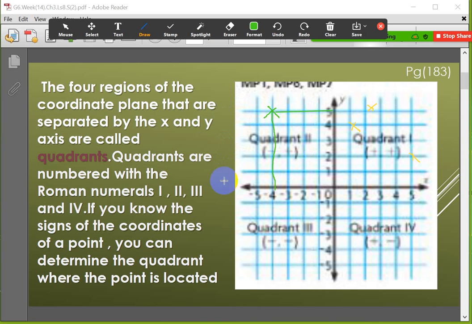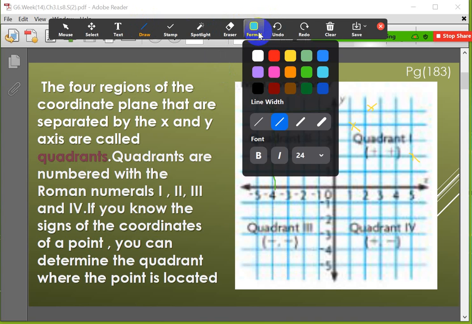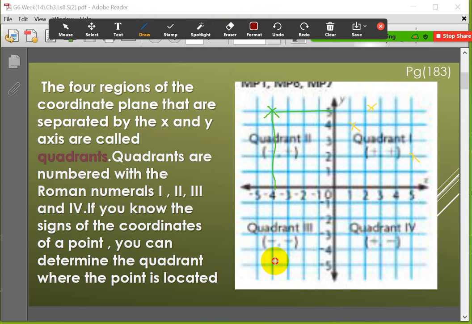What about the third one? The third quadrant, girls. If you take any point in the third quadrant, as an example this one, and you want to know the x, take a line. This is the x and this is the y.